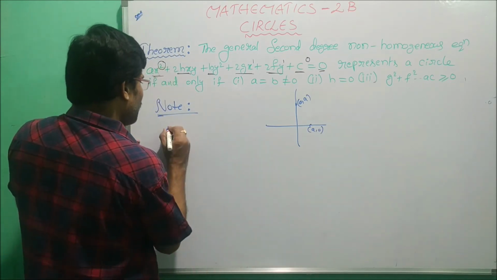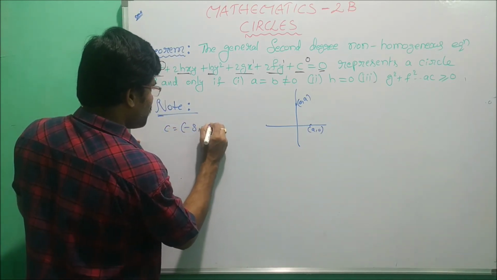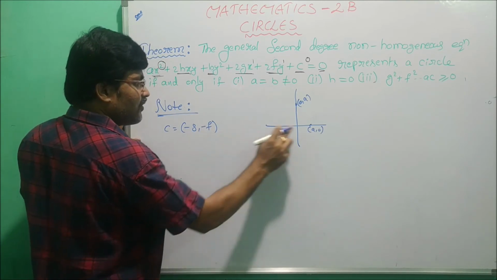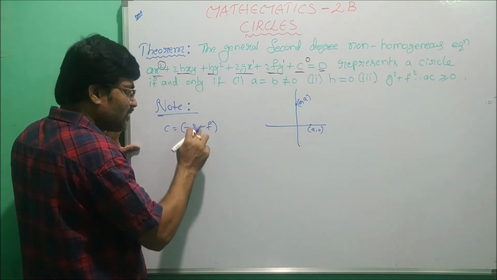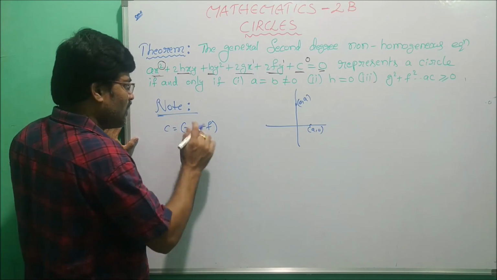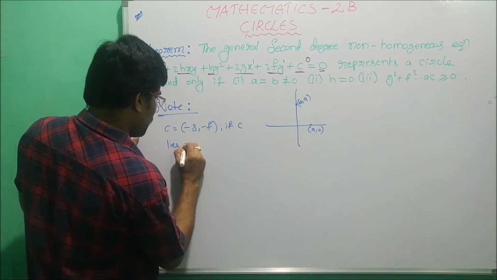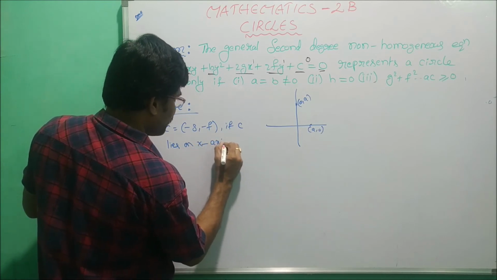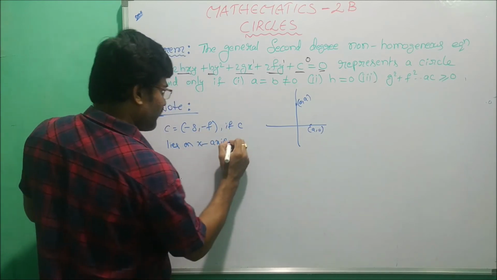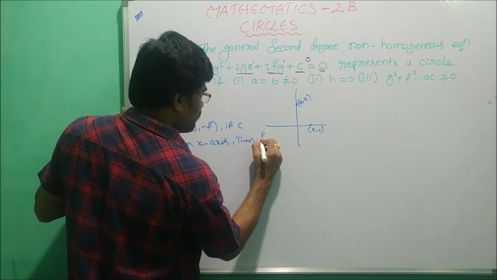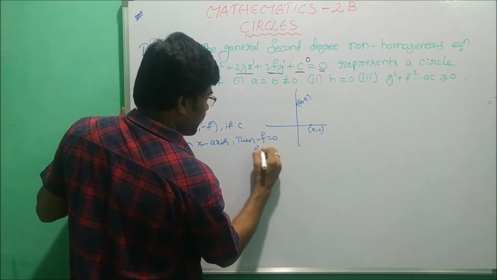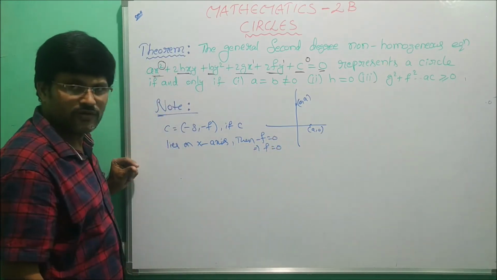That means the center (-g, -f) takes the y coordinate as 0. If the center lies on the x-axis, then -f equals 0, which implies f equals 0.